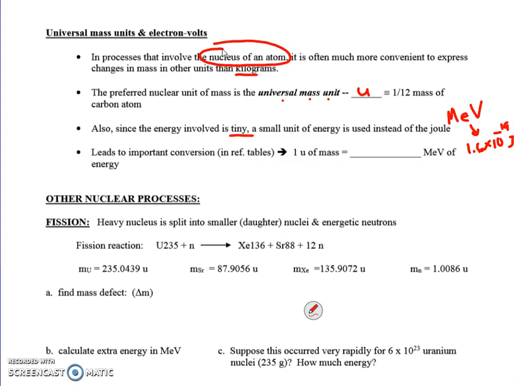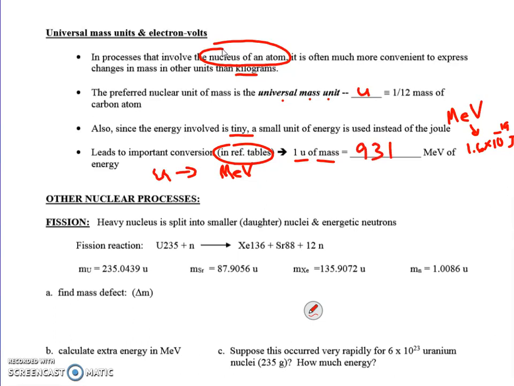Okay, so the idea is if I express the mass of some objects in atomic mass units and I want to convert it to energy in MeV, there's a simple conversion number. And this conversion number is found in your reference tables. It's on the very front, fourth from the bottom. What you need to know, and what I'm going to write here, is what's in your reference tables: one atomic mass unit of mass that is converted to energy is equal to 931 MeV of energy.